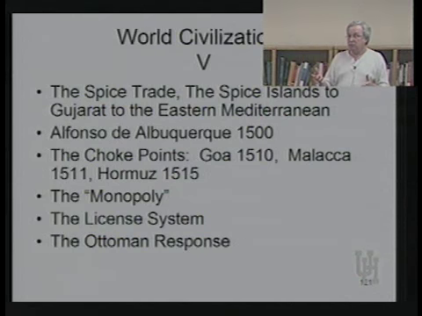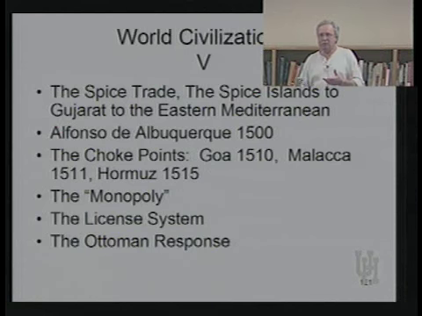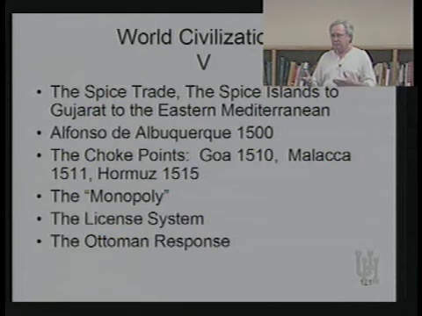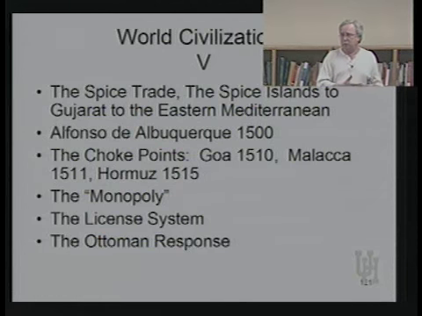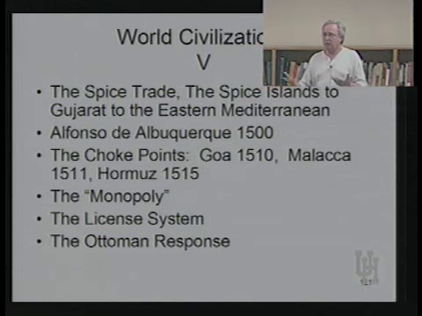What that did was trigger a huge amount of smuggling within the Portuguese system. The Portuguese themselves did a huge amount of smuggling within their own system to make money. Merchants, captains of vessels, ordinary sailors, all engaged in smuggling because there was a very lucrative trade to be had if you could ship spices in and avoid the official monopoly.